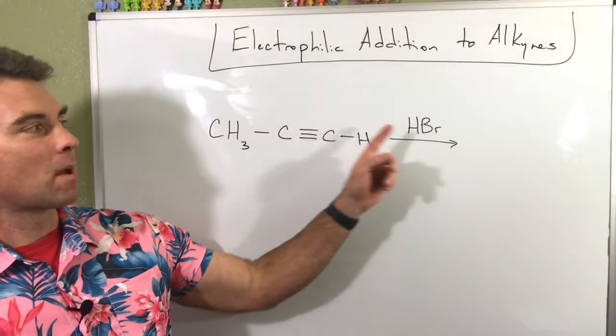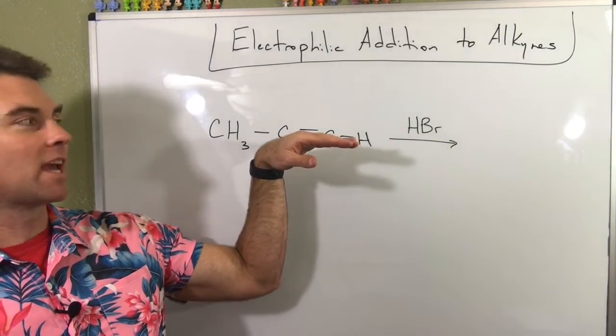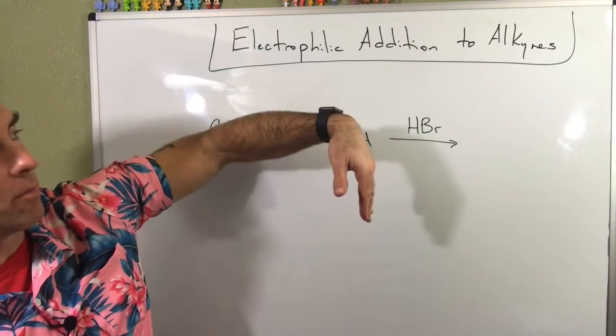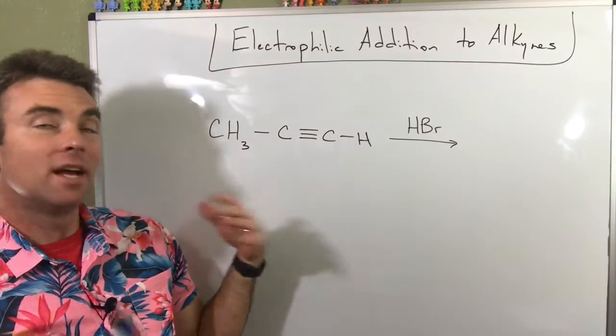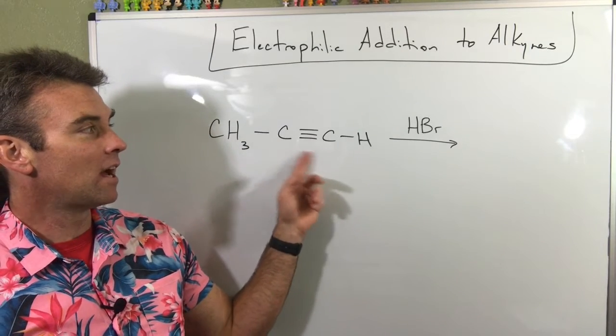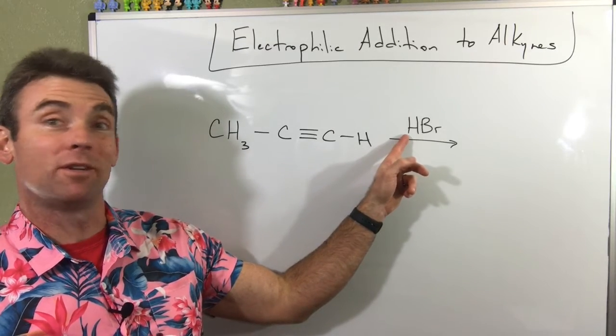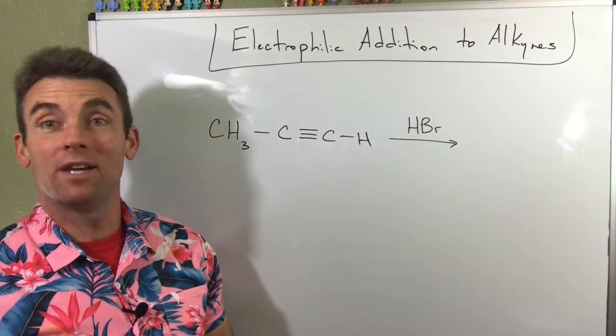Well, if you remember our HBr addition and that idea of a double bond swinging out and attacking a particular electrophile, same exact thing is going to happen here, but now we have the possibility, with two equivalents of this thing, of adding bromine twice.